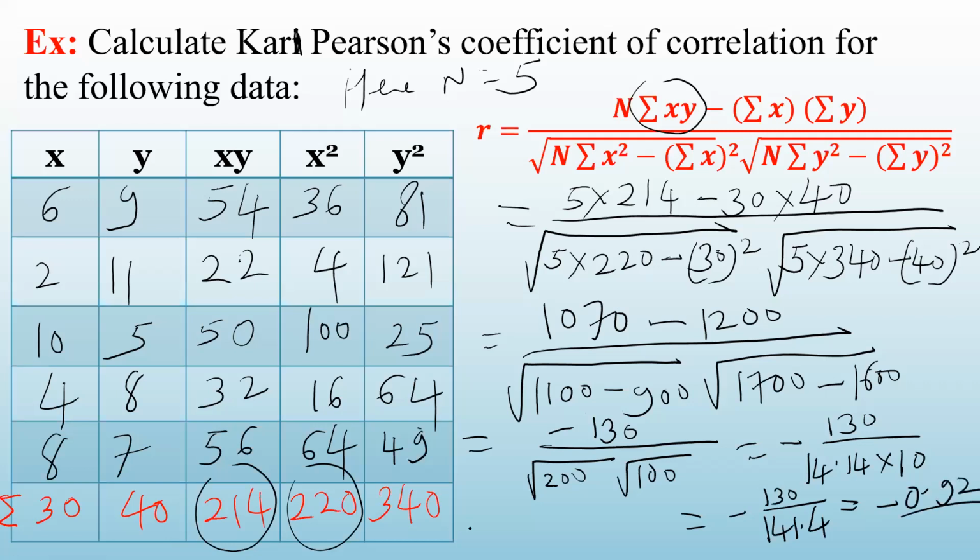Okay. And therefore, the coefficient of correlation R is minus 0.92. After you calculate, you can check your value of R should be between -1 and +1. Here you are getting the answer negative. So that shows that there is a negative correlation between the variables X and Y.